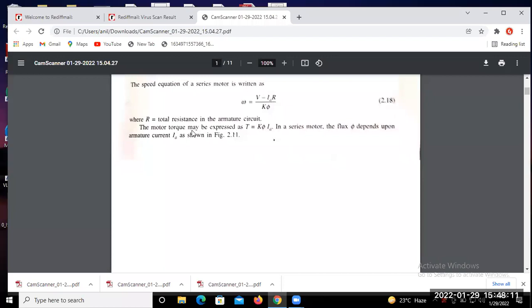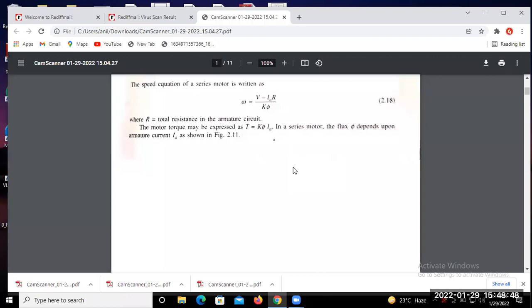Similarly, motor torque can be expressed as K phi IA. तो यहाँ पे इन सीरीज मोटर जो आर्मेचर करंट फ्लो कर रहा है वही फील्ड वाइंडिंग करंट फ्लो कर रहा है, क्योंकि दोनों वाइंडिंग कनेक्टेड इन सीरीज। Armature and field winding are both connected in series, so flux depends on the field current, which here in the series motor is the armature current.